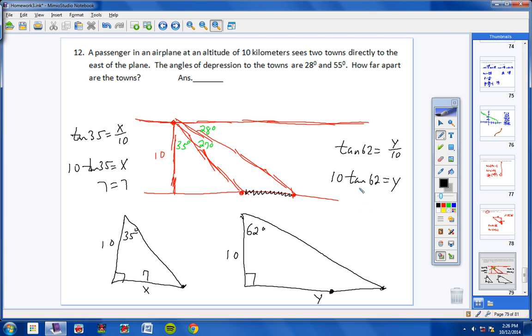Now, if you type that in your calculator, you'll get approximately 18.8. So from here all the way to here is 18.8. So the whole distance from here all the way across is 18.8. The distance from here to here is 7. Subtract those two and you get your answer, which is 11.8. Okay, there we go.